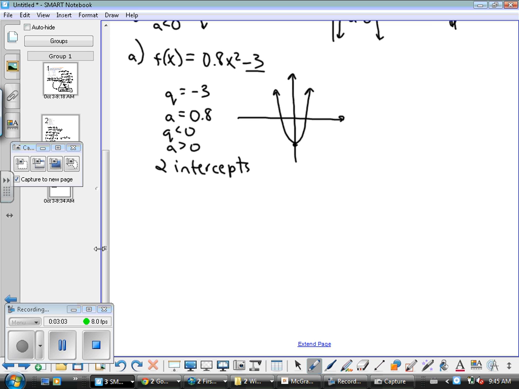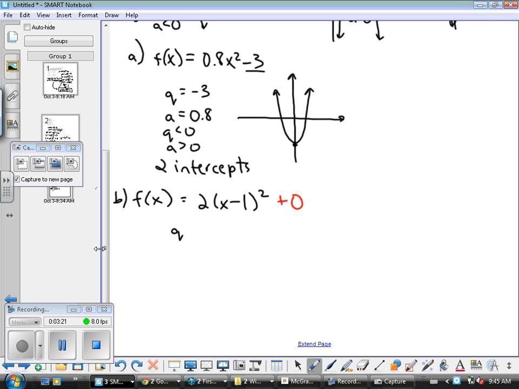For part b, f of x is equal to 2 times x minus 1 squared. Where's my q value? It's right here: 0.